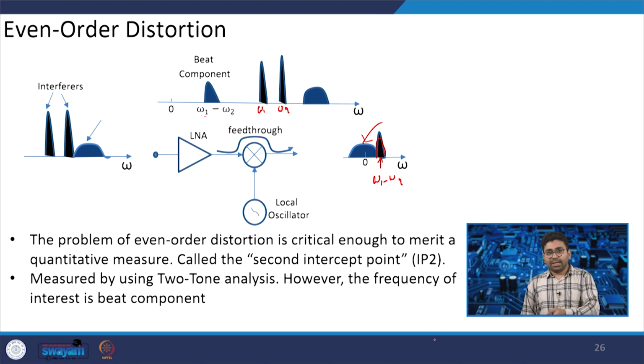So, here omega 1 minus omega 2 is happening because of the blocker which is far away, and there is a second order non-linearity.